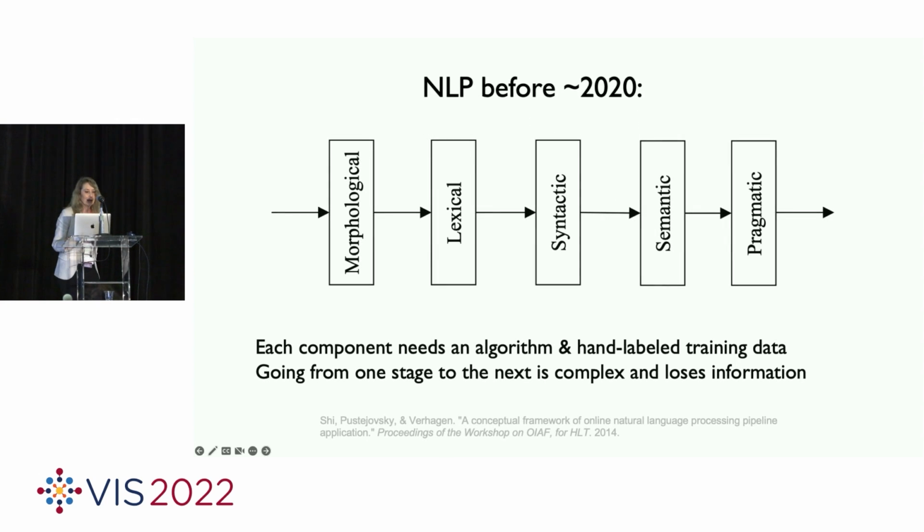In the past, we had to always create these pipelines that consisted of a bunch of different modules. Each component had its own training data, its own algorithms, and going from one portion of the pipeline to the next, you lose so much information. Most of everything gets dropped from the text.